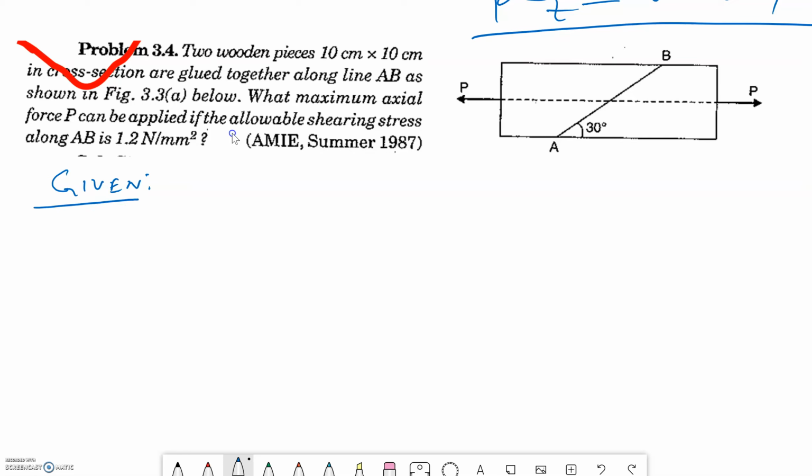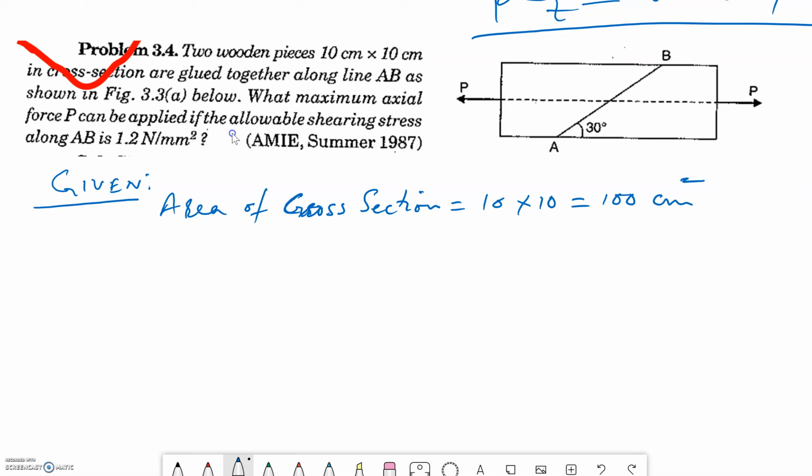It is given that the cross-sectional dimensions of the two pieces are given. So we can find out the area of the cross-section, which becomes 10 times 10, or 100 centimeter square.